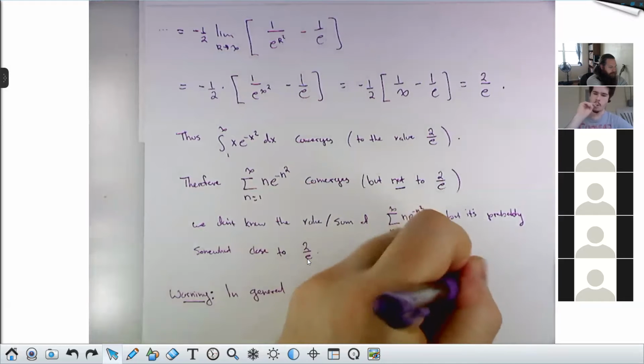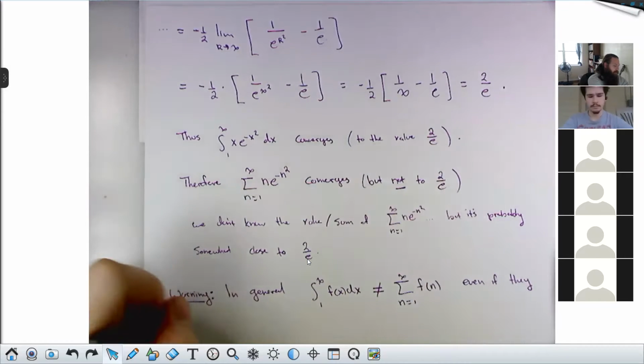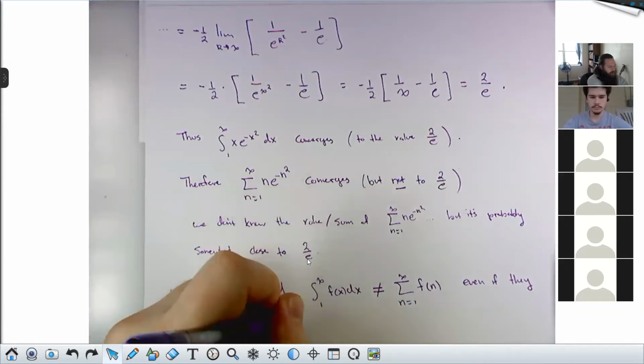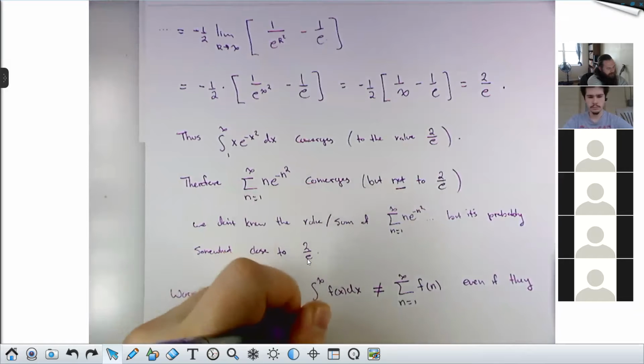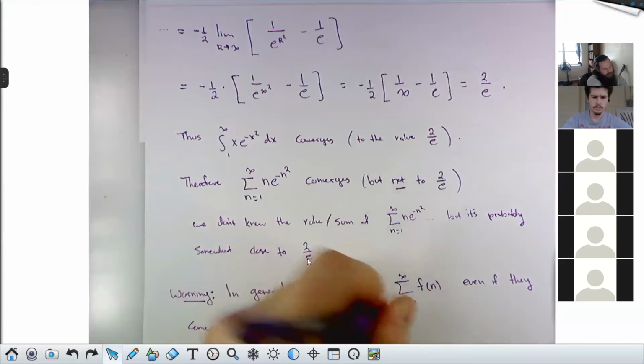Even if they converge together in the sense of the integral test.